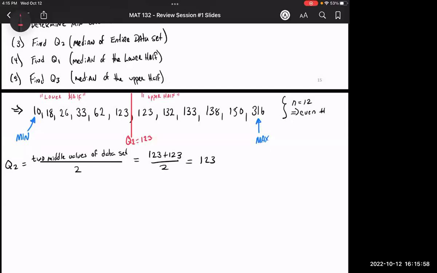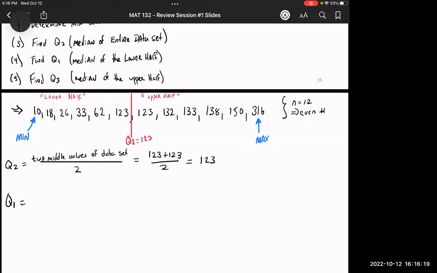Okay, so let's look at Q1 now. How many values are in the lower half? There were 6 values there. So to get Q1, you have to take the two middle values divided by 2.